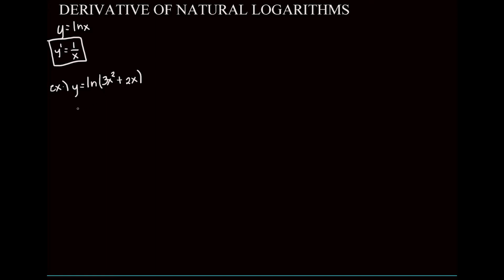Therefore, we're going to use the chain rule. So in order for us to get this derivative, we need to find the chain rule. So what's the chain rule again? The chain rule states that the inner derivative, which is your 3x squared plus 2x, is multiplied by the derivative of the outer function.